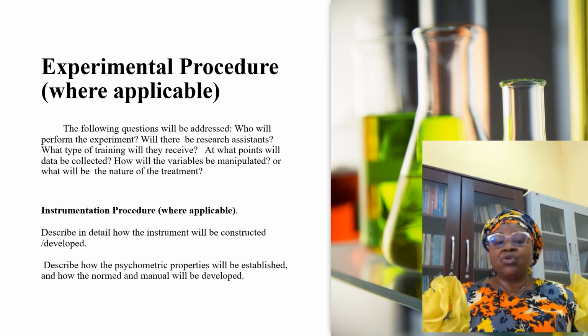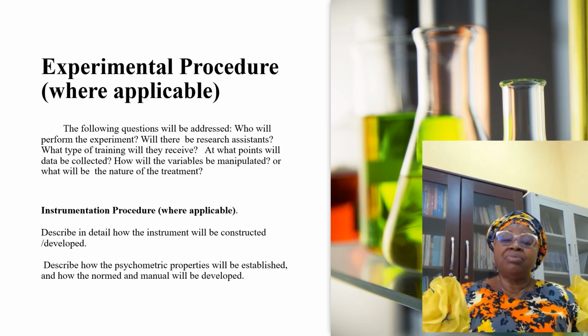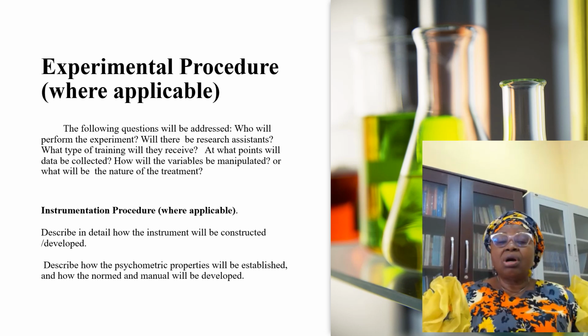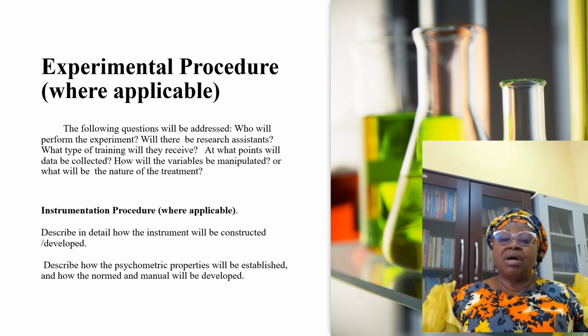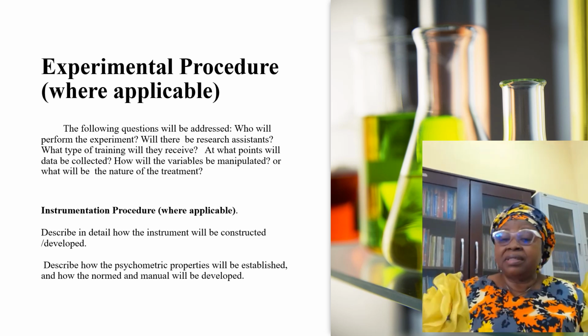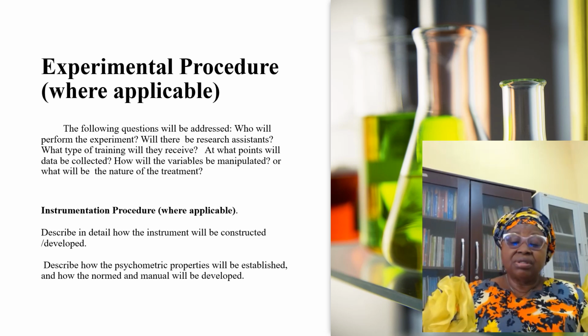Then if it is instrumentation, your research is going to bring out an instrument. You have the instrumentation procedure. Describe in detail how the instrument will be constructed, how the psychometric properties are developed, and also the manual.